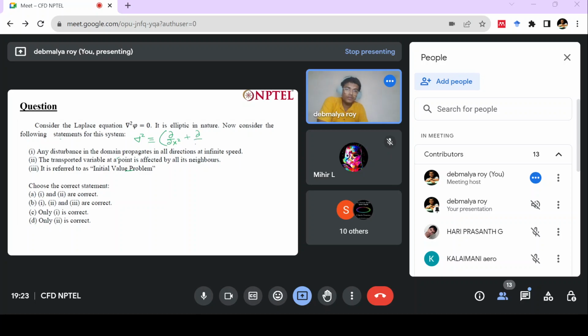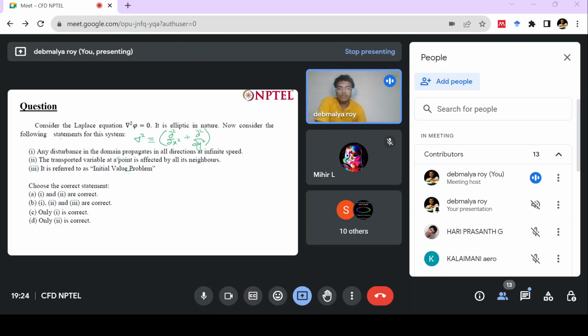In 2D, if in 3D, then there will be a plus z square. And this is acting on phi. So this is basically del square phi by del x square plus del square phi by del y square equal to 0. And if we find the characteristics, we will see that the b square minus 4ac is negative. So this is elliptic.